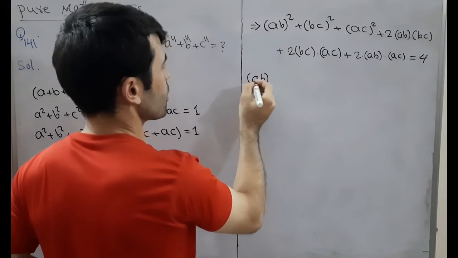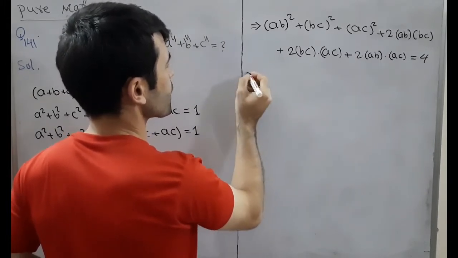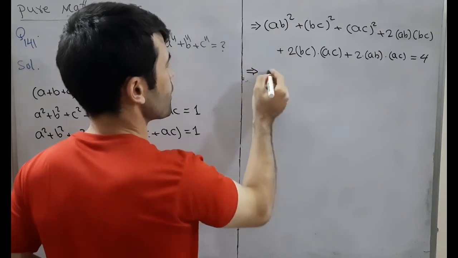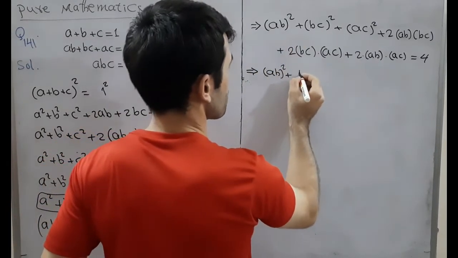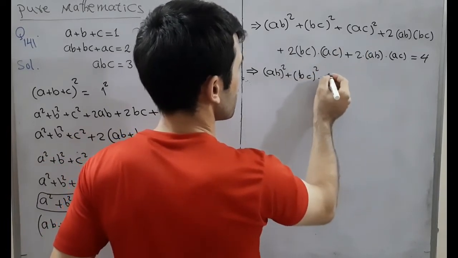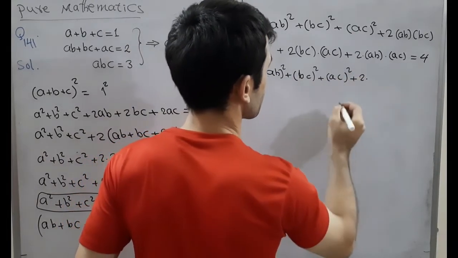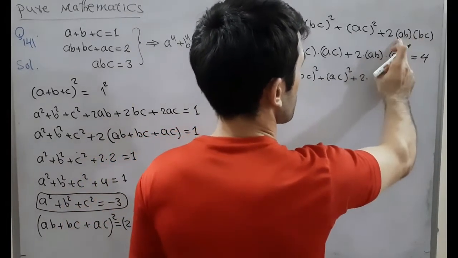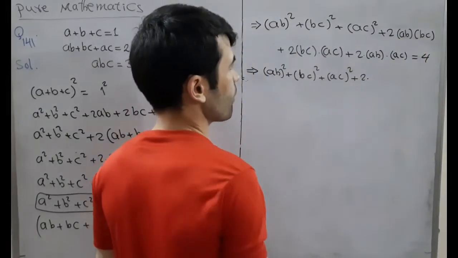This implies (ab) whole square plus (bc) whole square plus (ac) whole square plus 2 into, we take here we have abc, also here we have abc, here also we have abc.